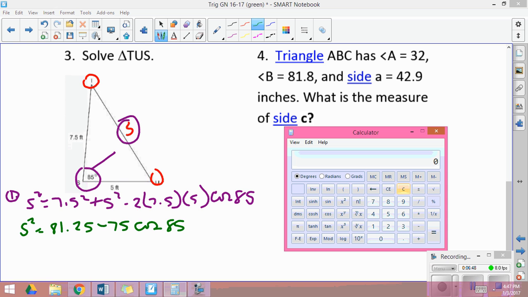This is a point at which you go to your calculator. And I like to start in the back and I say 85 cosine times 75 equals, and then you subtract it from positive 81.25, and I find out that S squared is 74.7.